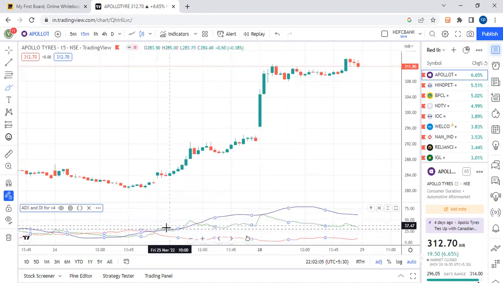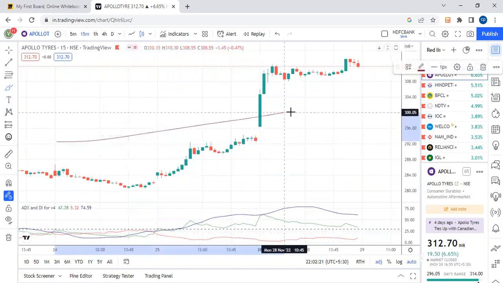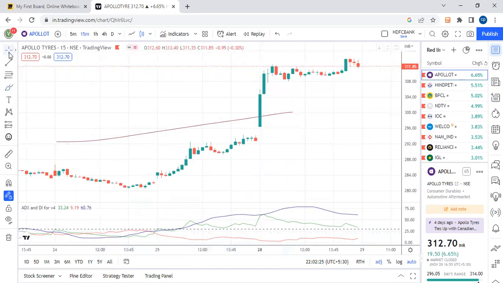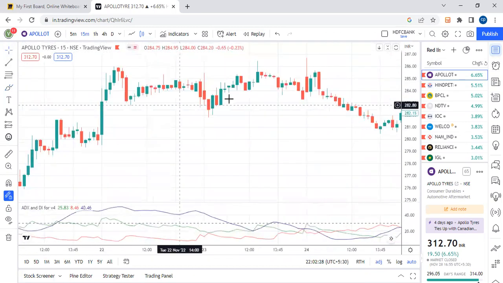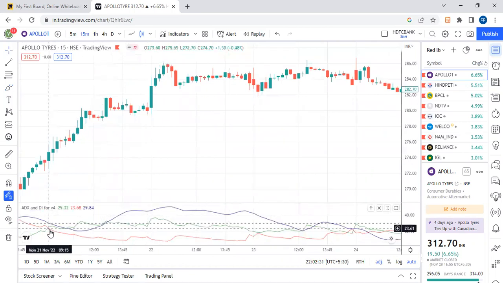Here you can see the positive DI is taking a crossover of the negative DI, so the trend is in the positive direction. In previous examples here, you can see the negative DI is taking a crossover of the positive DI.